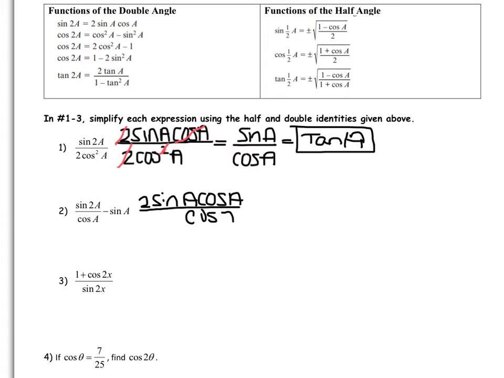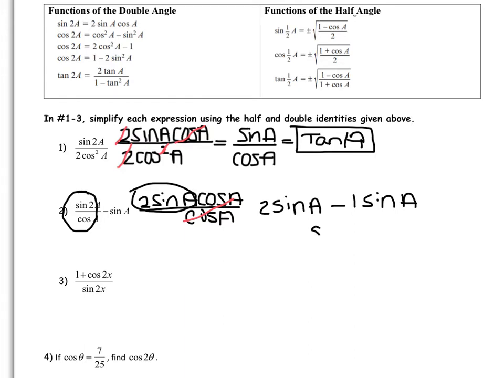And I see right away that these can cancel, the cos a's, so I'm left with just 2 sine a. So that 2 sine a is this simplified. So I've got 2 sine a minus 1 sine a. And if I have 2 of something and take away 1, I'm just left with 1. So the final answer is sine a.